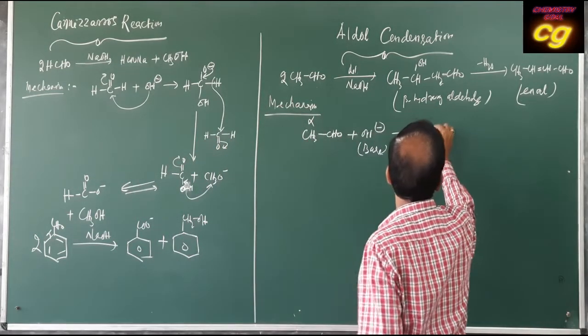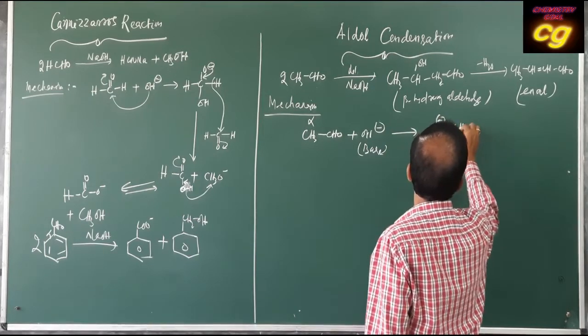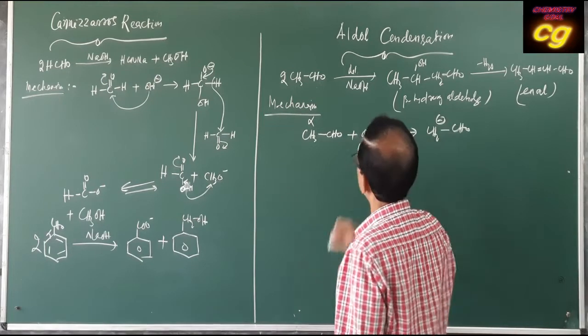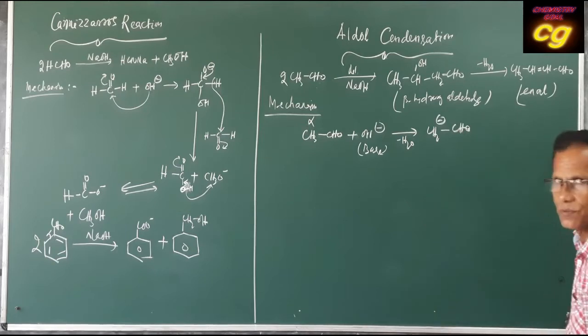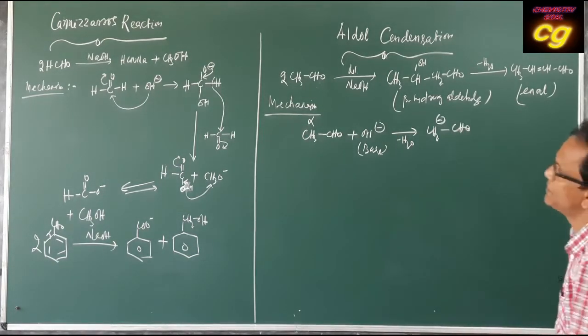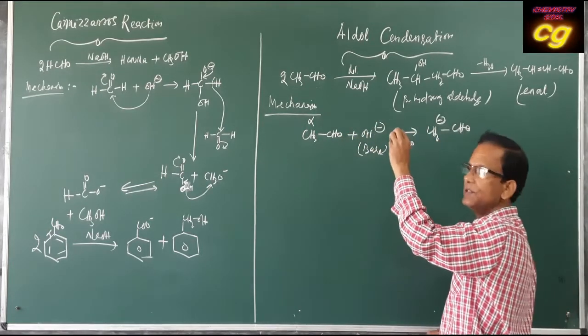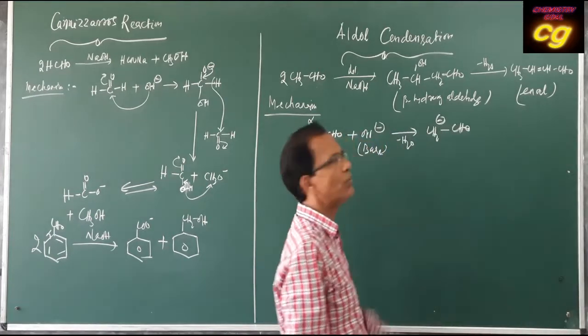Then it becomes CH2 minus CHO, and water is released: OH minus plus H plus gives water. So a conjugate base is produced from the aldehyde. It mainly takes place in the presence of strong base. So CH2 minus CHO is produced.